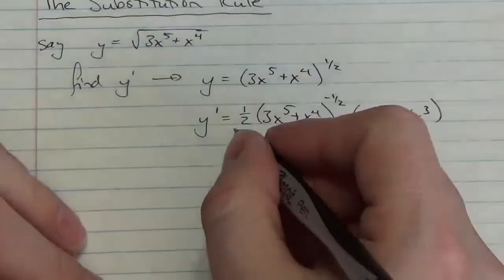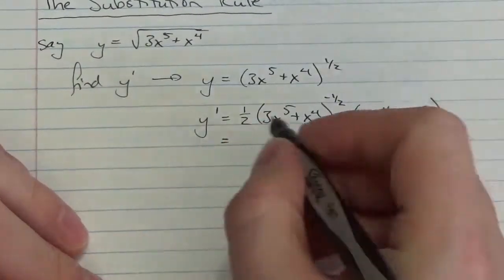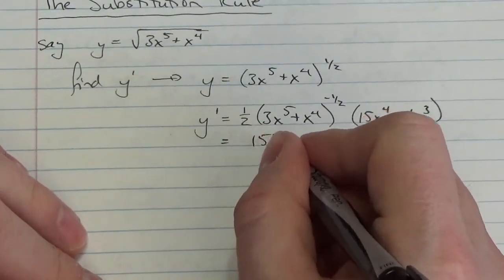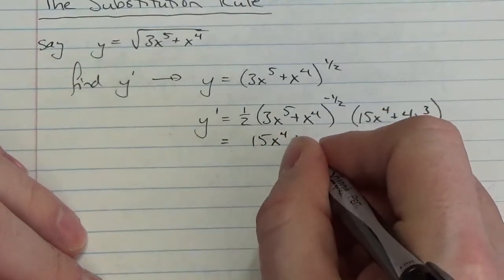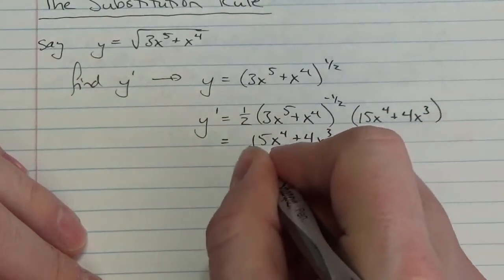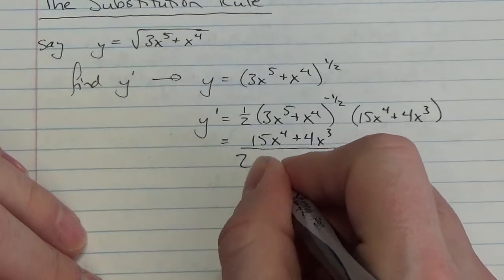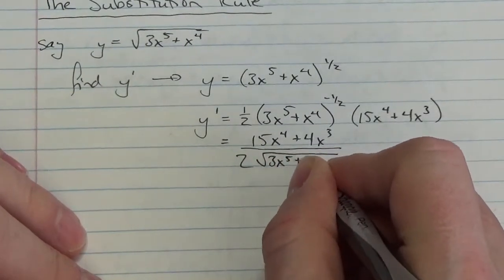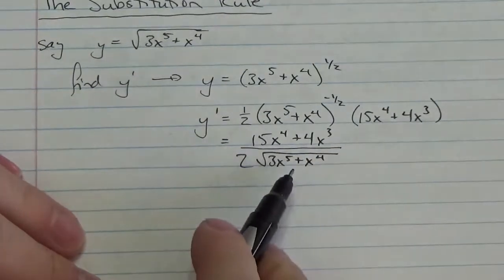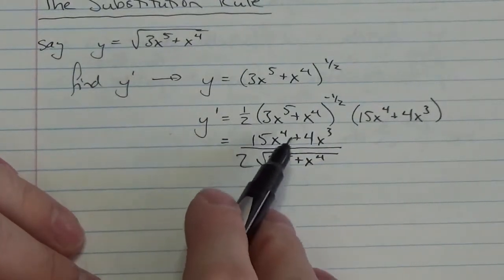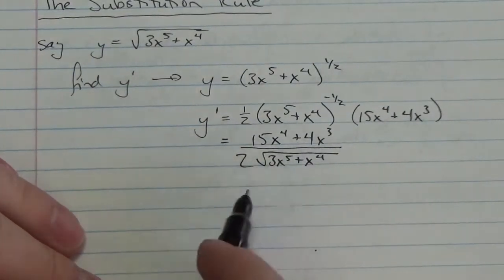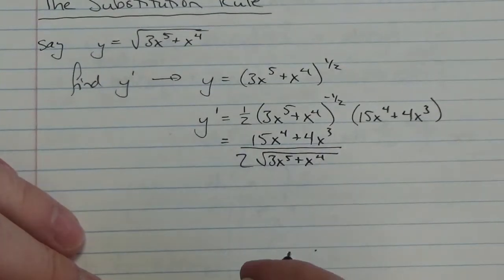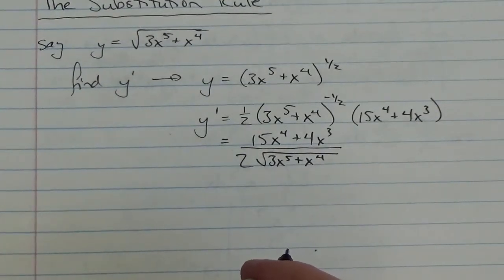I might clean that up a little bit and make that 15x to the fourth plus 4x cubed all over 2, and go back to the original radical notation. So the derivative is 15x to the fourth plus 4x cubed, all over 2 multiplied by the square root of 3x to the fifth plus x to the fourth.